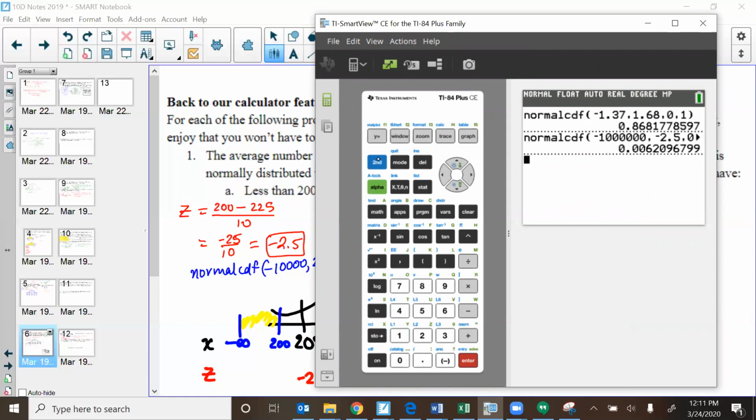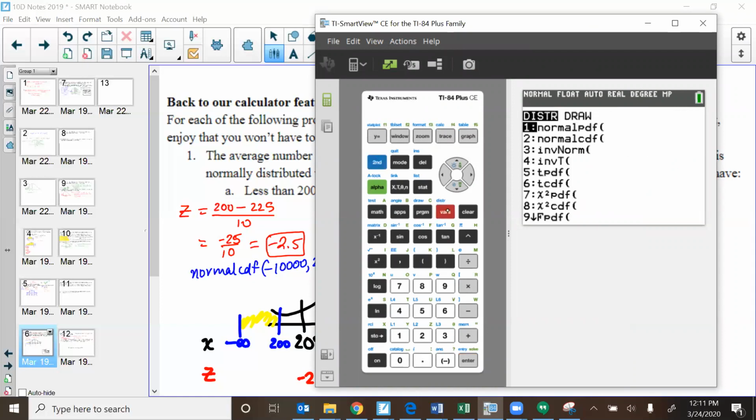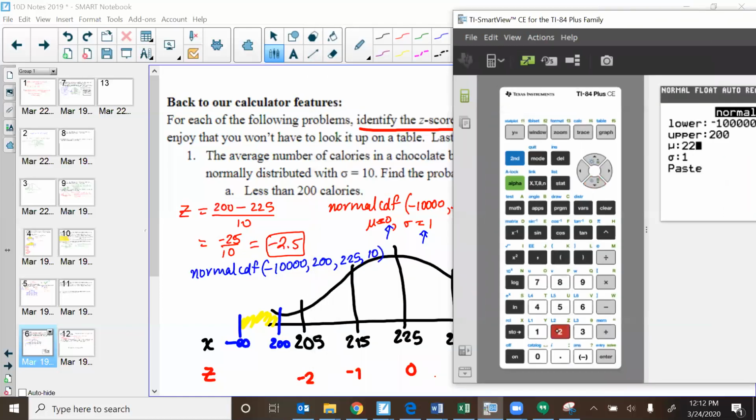And then if I wanted to use the actual data, I could go to normal CDF, and I could go -10,000 again, because I want basically negative infinity. But my upper is 200 calories, and now my mean was 225, and my standard deviation is 10.